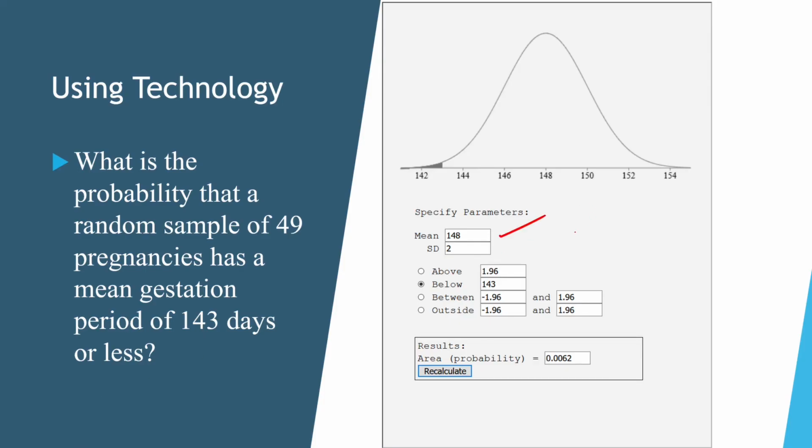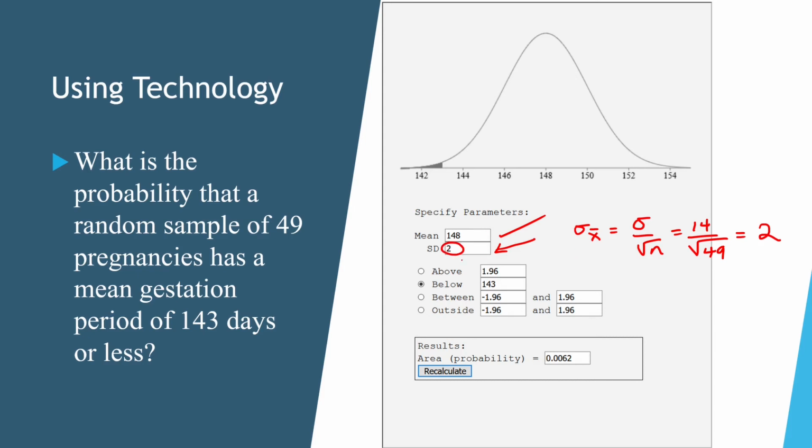For this problem, enter the mean of 148, and for the standard deviation, I use the same formula. The standard deviation of the sample mean is equal to sigma divided by the square root of n. 14 divided by the square root of 49 gives me exactly 2. So this is where the 2 comes from.